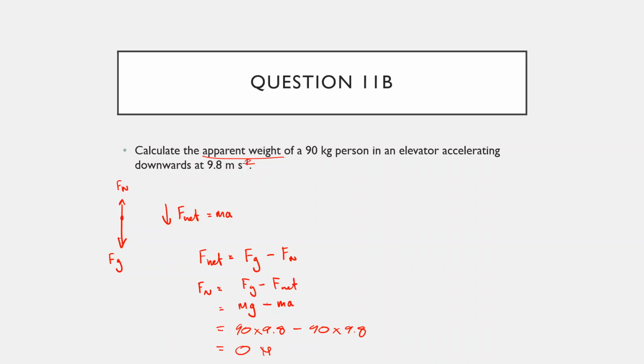So if this elevator could fall downwards for an infinitely long period of time, what this person would be experiencing inside this elevator is apparent weightlessness. They don't have to be in contact with the ground in order to accelerate at 9.8 meters per second squared, because they do that anyway due to gravity. That's basically the principle behind why astronauts in space shuttles appear to be floating around.